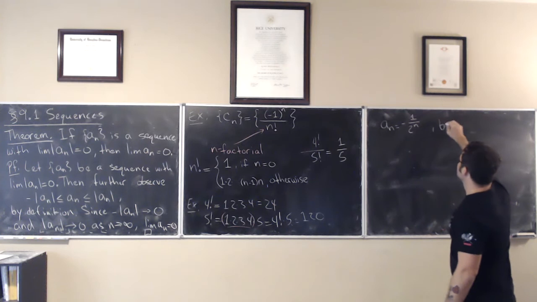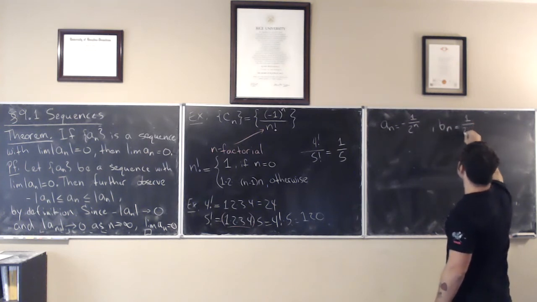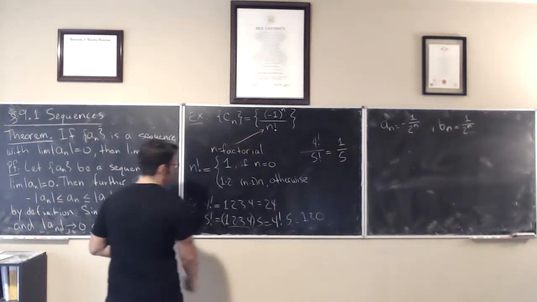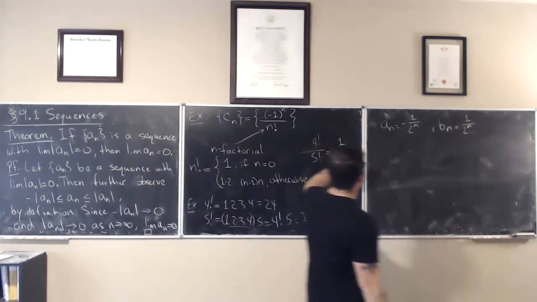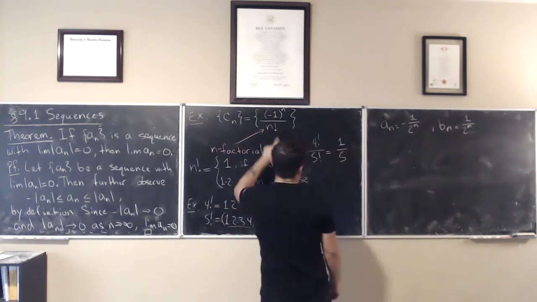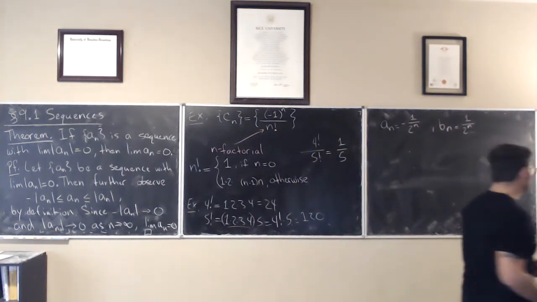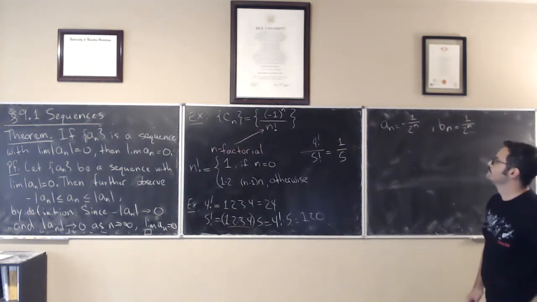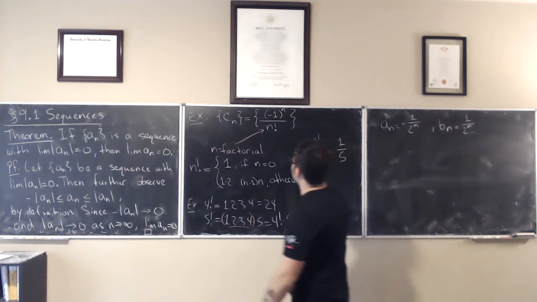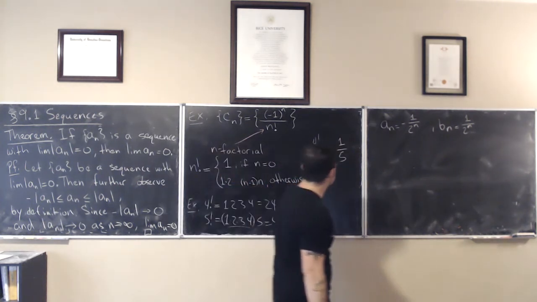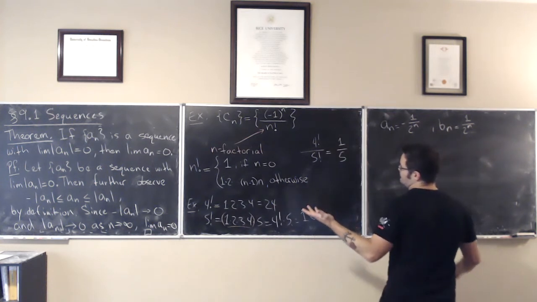And then maybe b_n is equal to positive 1 over 2 to the power n or something like that. So what if this denominator is always bigger than that denominator after a certain point, then this is always going to be smaller than that, right? But no, sorry, we're about to find out which one grows faster. I just forgot. So let's just take a look at what they are.